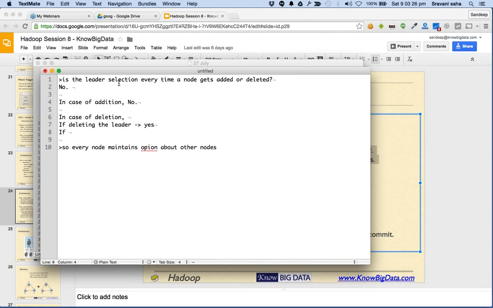And if the deletion results in a minority, as in there were 6 nodes out of 10, 4 nodes are already dead, and you stop one node, now there'll be only 5 nodes left, which means only a minority is left, and therefore there will be no election, but the leader will step down.